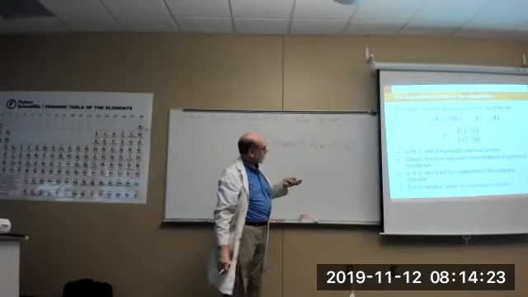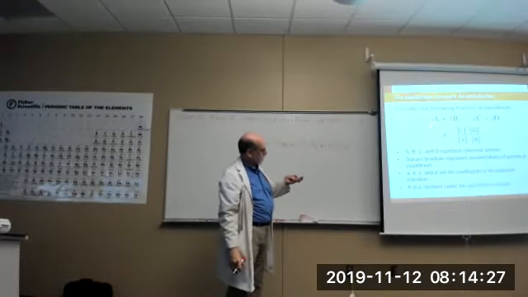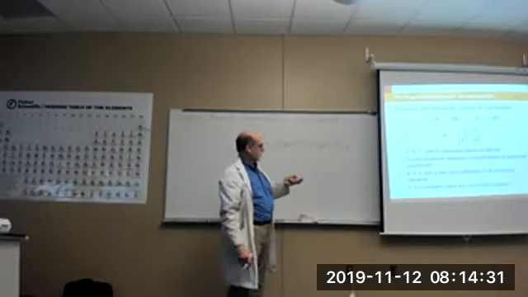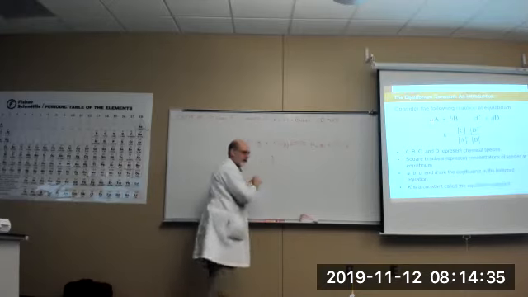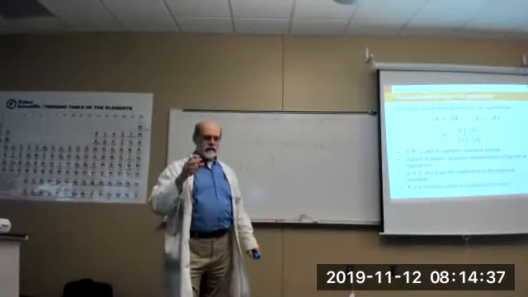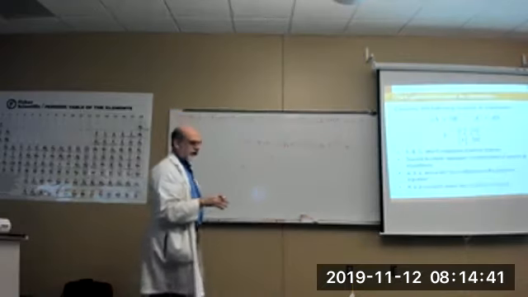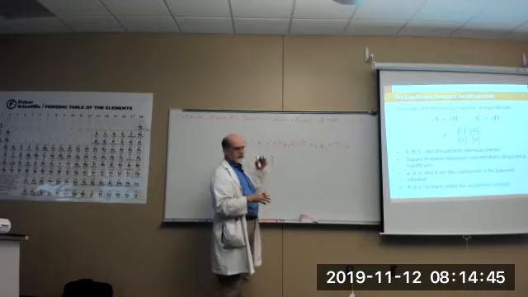Notice that here we have products on top, the reactants on the bottom, and the power of these square brackets, like that, they mean equilibrium concentration. So once the equilibrium is established, you have a concentration for each of the reactants and products.